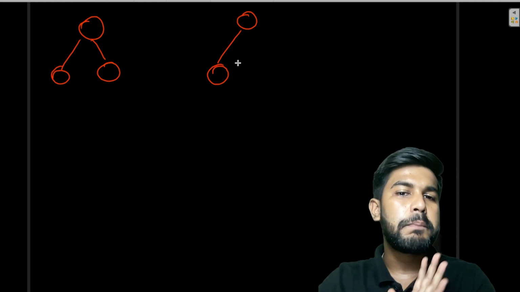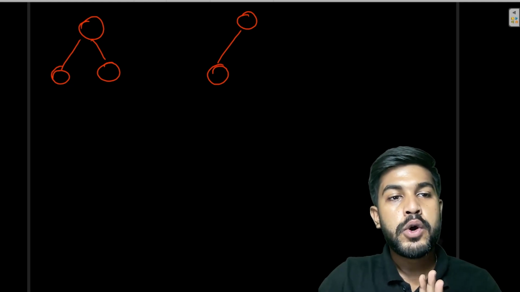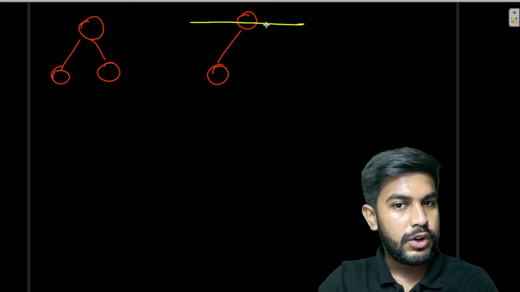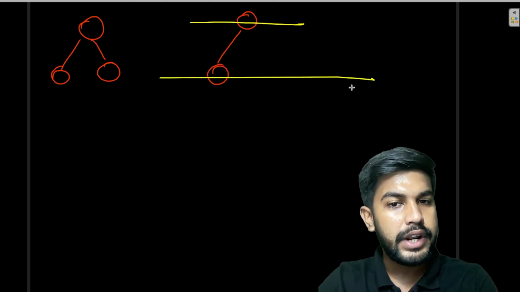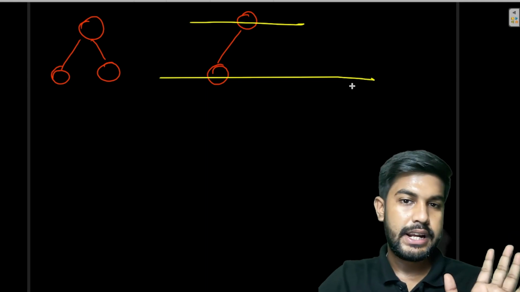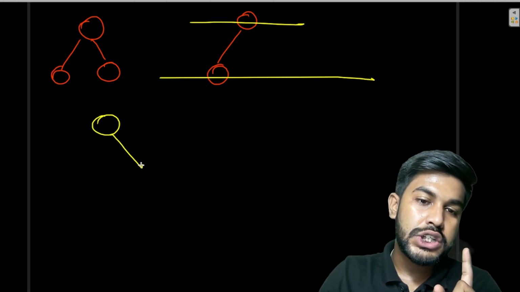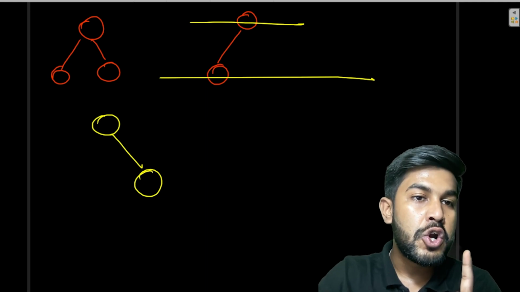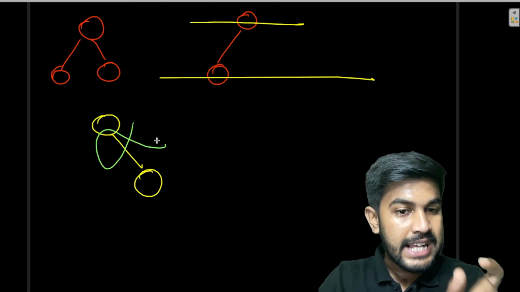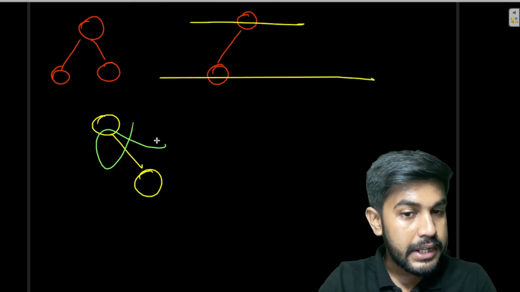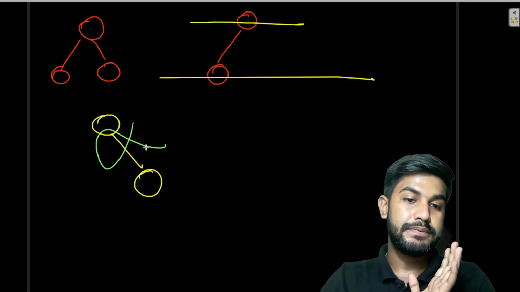Then also it is a complete binary tree. Why? Because the first level is fulfilled and the last level is incomplete, but it has been filled from the left hand side. But if we have a structure like this, then this is not a complete binary tree. Why? Because the last level's left hand side is incomplete, but the right hand side is complete.